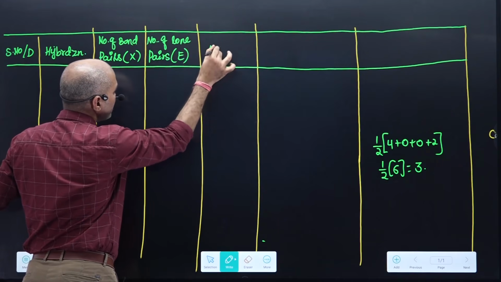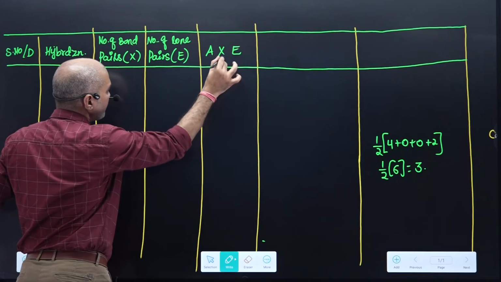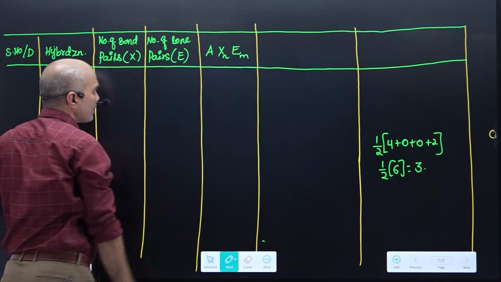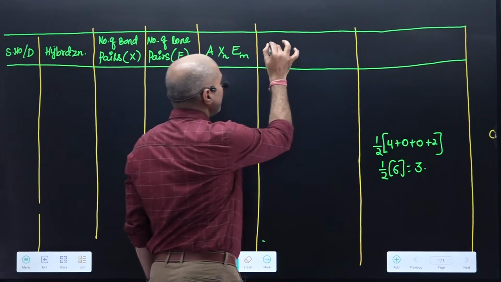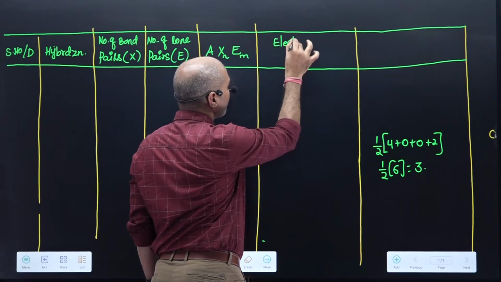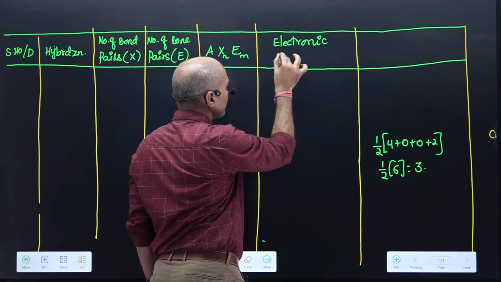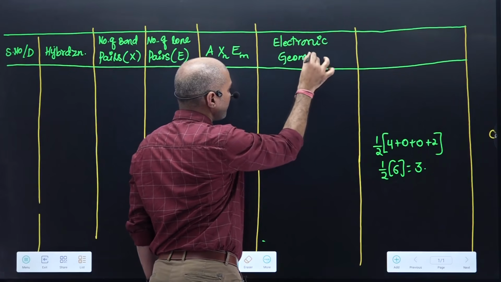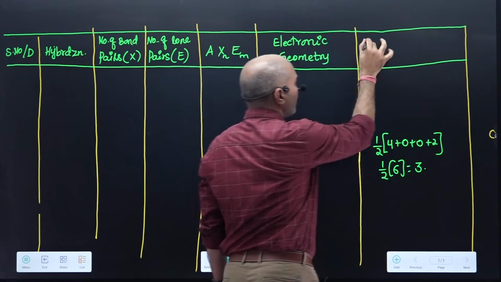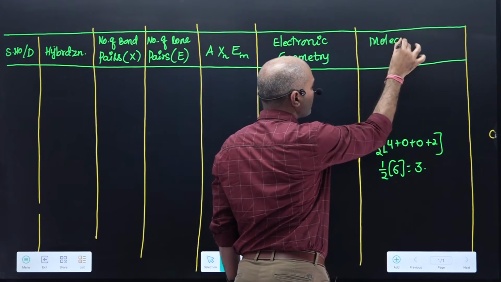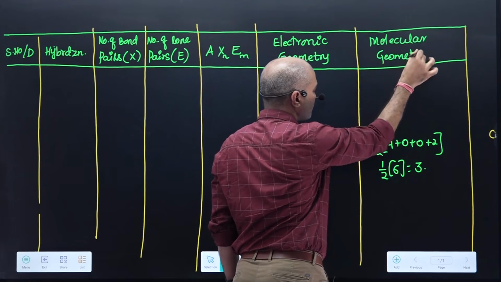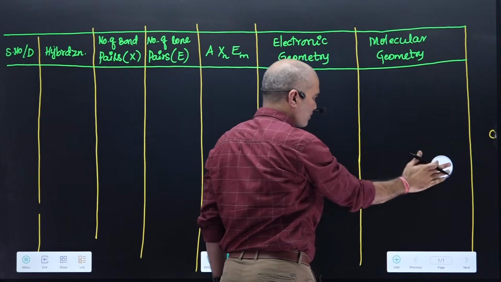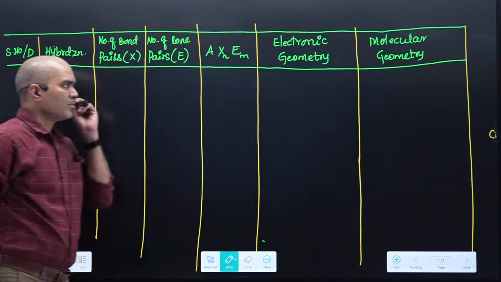Here I am using AXE symbolism. This could be n, this could be m number. n number of bonding pairs, m number of non-bonding pairs. Then we have electronic geometry and molecular geometry. These are the columns to be filled now.